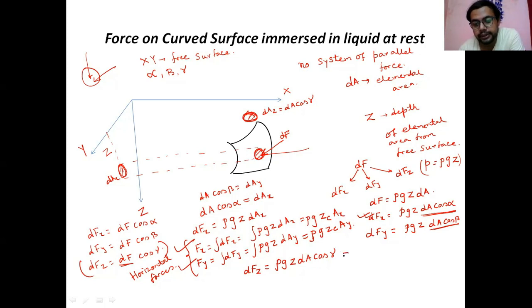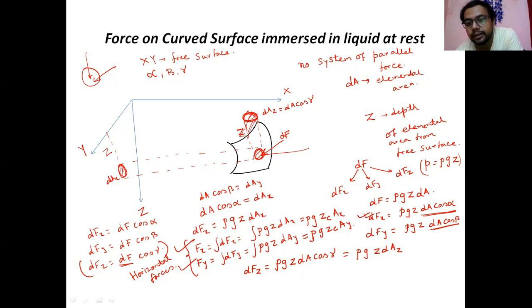So that is equal to rho g z dAz. So dAz is the area, and this is the Z.